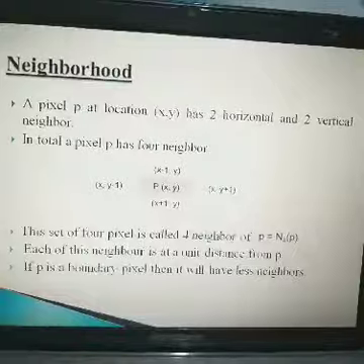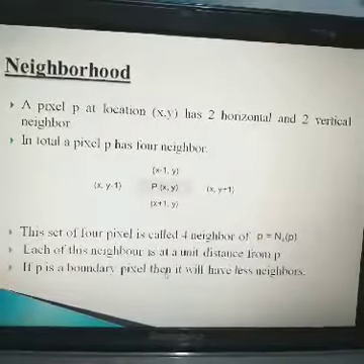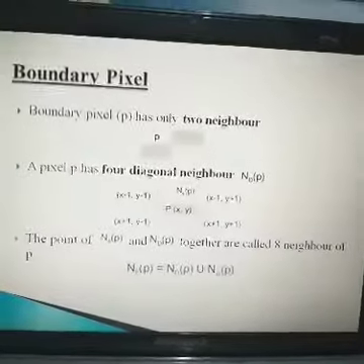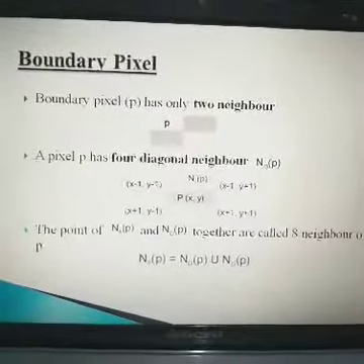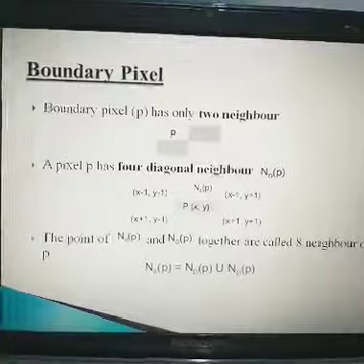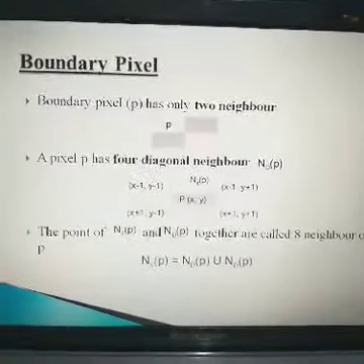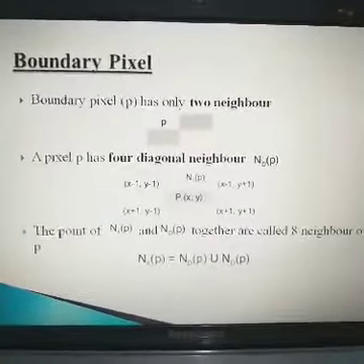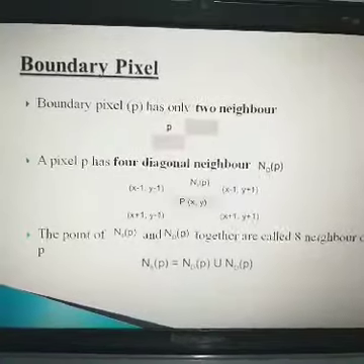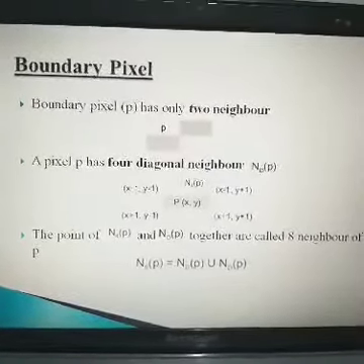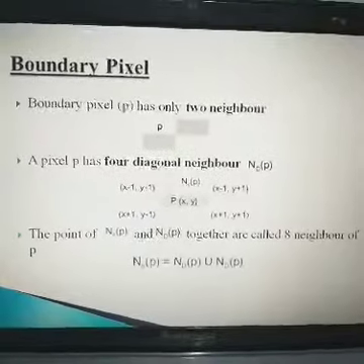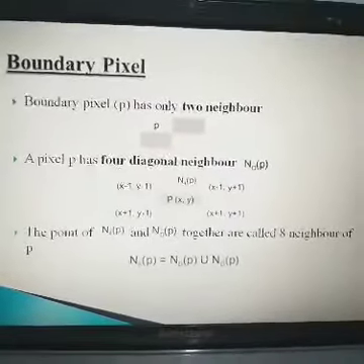If p is a boundary pixel, then it will always have fewer neighbors. So next is the boundary pixel. Which one is the boundary pixel? We now know what a pixel is, and that any pixel has four neighbors. Out of these, which one is the boundary pixel? What does boundary mean? The pixels at the corner of the area, like the gates and boundary walls around our house, are the boundary.